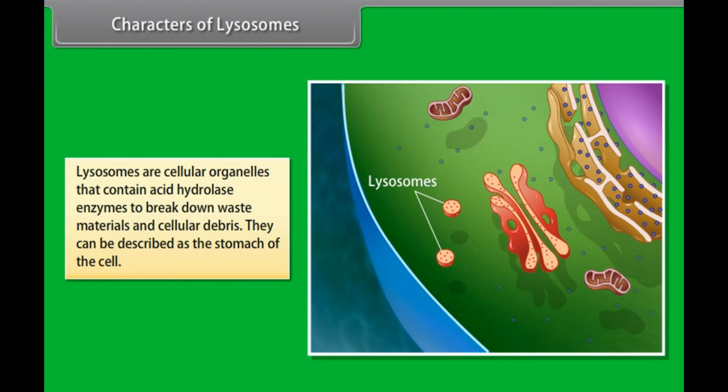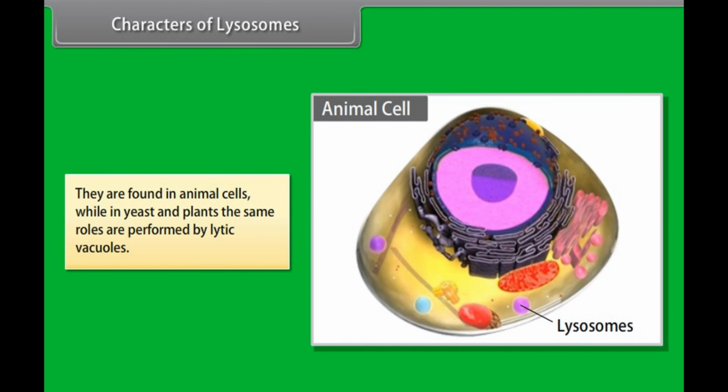Lysosomes are cellular organelles that contain acid hydrolase enzymes to break down waste materials and cellular debris. They can be described as the stomach of the cell. They are found in animal cells, while in yeast and plants, the same roles are performed by lytic vacuoles.